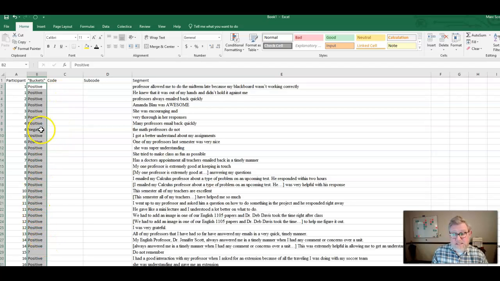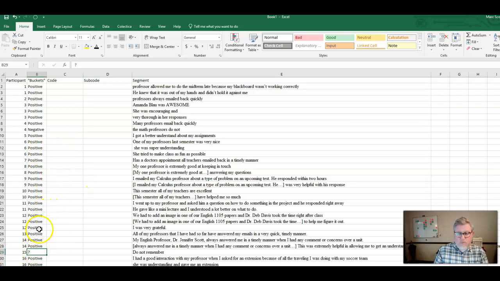A couple of folks said something negative, like math professors do not, talking about emailing back quickly. And there's one where I don't know what's going on: "Do not remember." That's the only thing the student wrote. So we might just lose that segment. We just don't use that in our data, and that's fine. It just doesn't fit. The participant isn't giving you data you can work with.